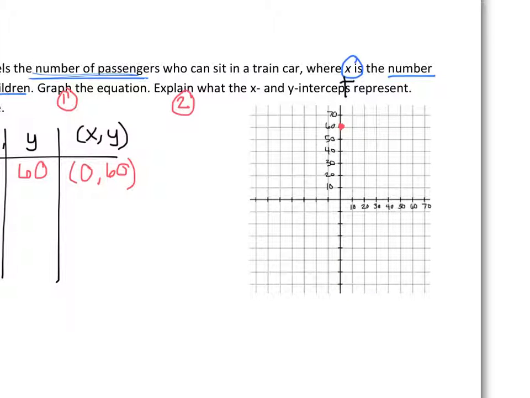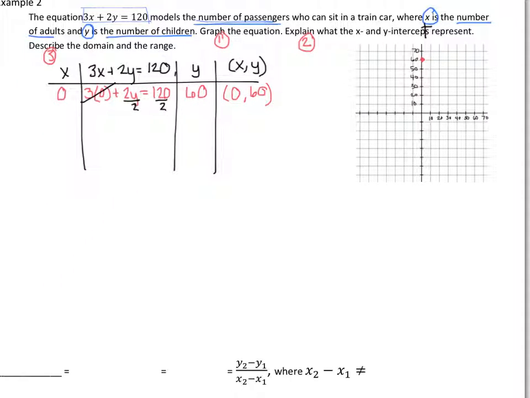Now what is that point there? Oh, that's the y-intercept. We're supposed to talk about the y-intercept, so I'm just going to abbreviate and put y-int. What's going on at that point? What do our x and y mean? Well, there are 60 children. I'm going to write kids, so it's shorter.